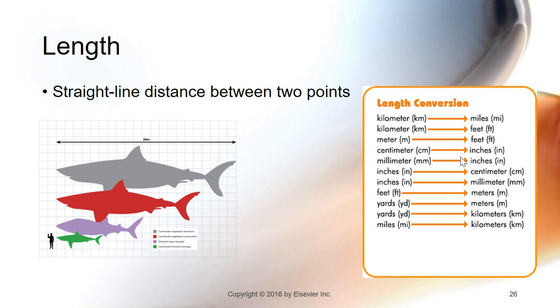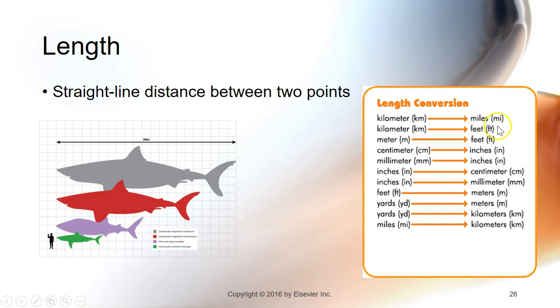Now here's length. In case anyone didn't know, I'm here in Florida, teaching you here, and length is the distance between two points. So how appropriate is it that I have some sharks? Here's a long shark, a little bit shorter, and then a little shark. Now personally, I think all these sharks are dangerous, but that gives you the distance from the front to the end of that shark, and each one's a little different, and then that distance is measured.